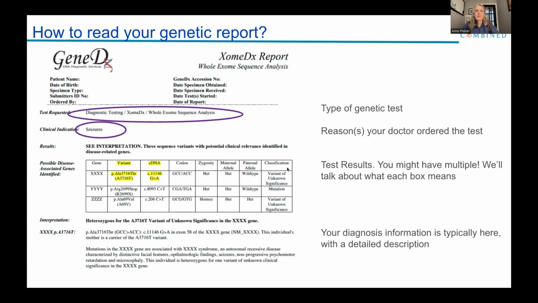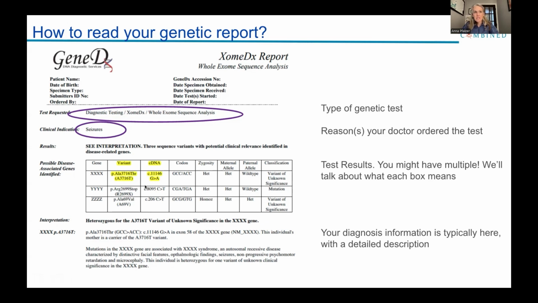And then over on the far right side, in this case, this one is a variant of unknown significance, but in many cases, for people who are diagnosed with GRIN2B related disorder, if GRIN2B is listed here in the genetic report, the classification will in most cases probably say pathogenic. And then a short explanation of where it is and the clinical symptoms that are associated with any particular diagnostic genetic result.